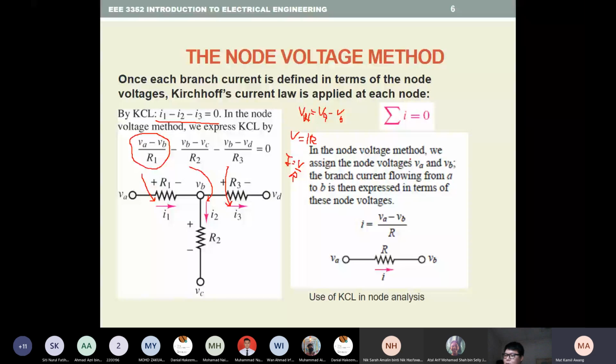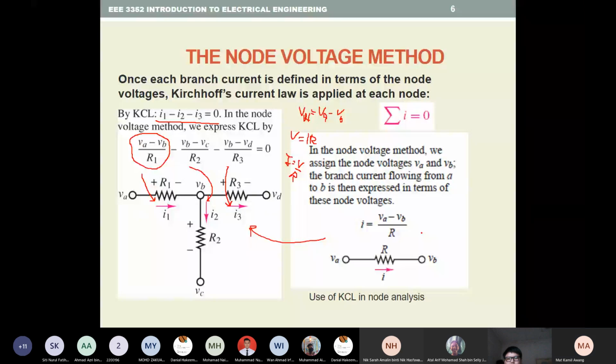So in the node voltage method, we assign the node voltages VA and VB. The branch current flowing from A to B is then expressed in terms of the node voltage, I equal to VA minus VB over R. So this is actually what I have explained here. Okay? So we are going to use this method to solve our problem.